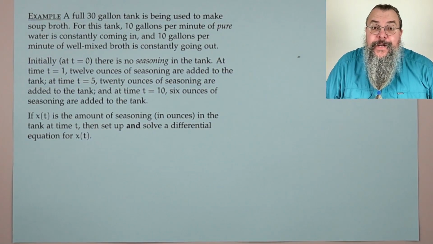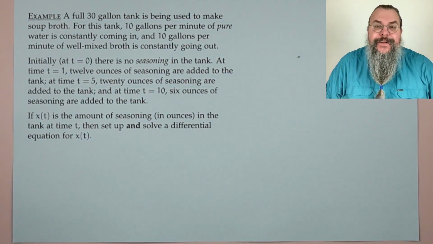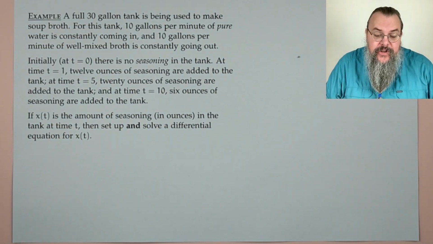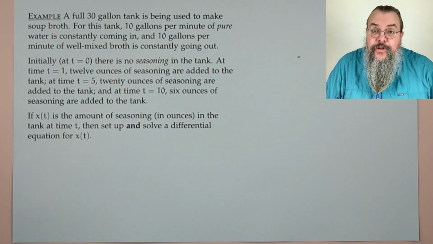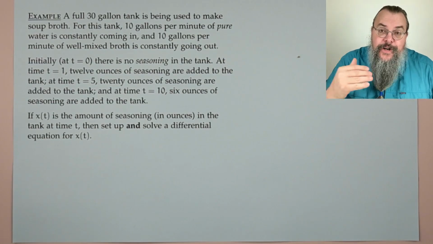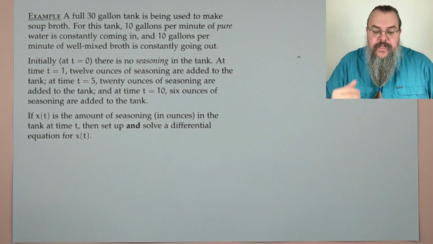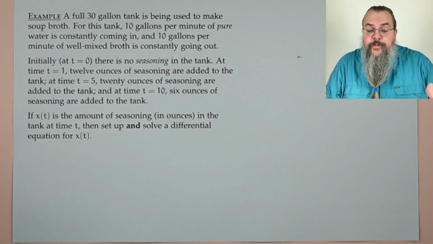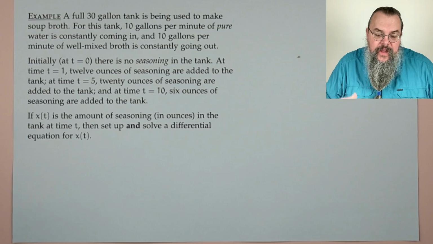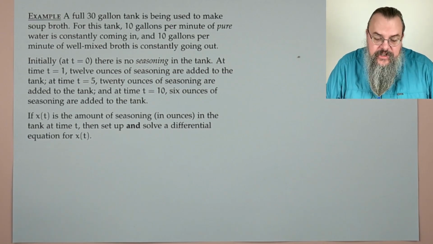Whoa, an essay problem. No, we're not going to panic. A full 30-gallon tank is being used to make soup broth. For this tank, 10 gallons per minute of pure water is constantly coming in, and 10 gallons per minute of well-mixed broth is constantly going out. Now, initially, at time 0, there's no seasoning in the tank.